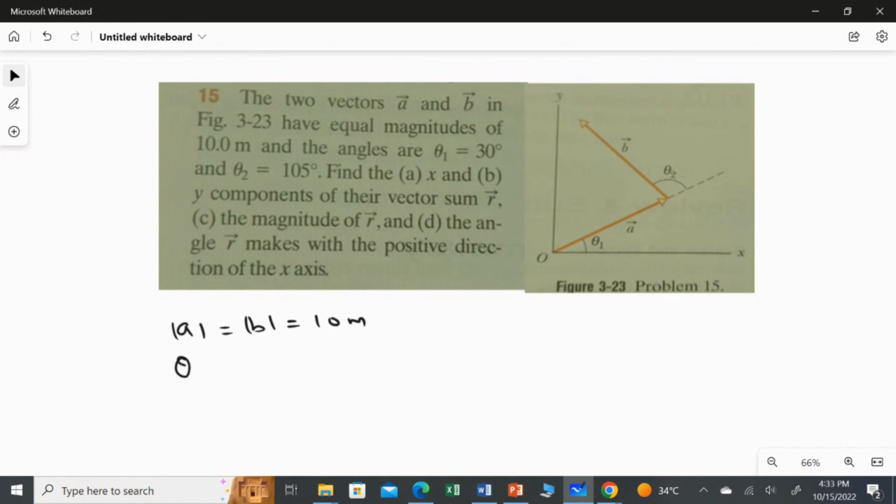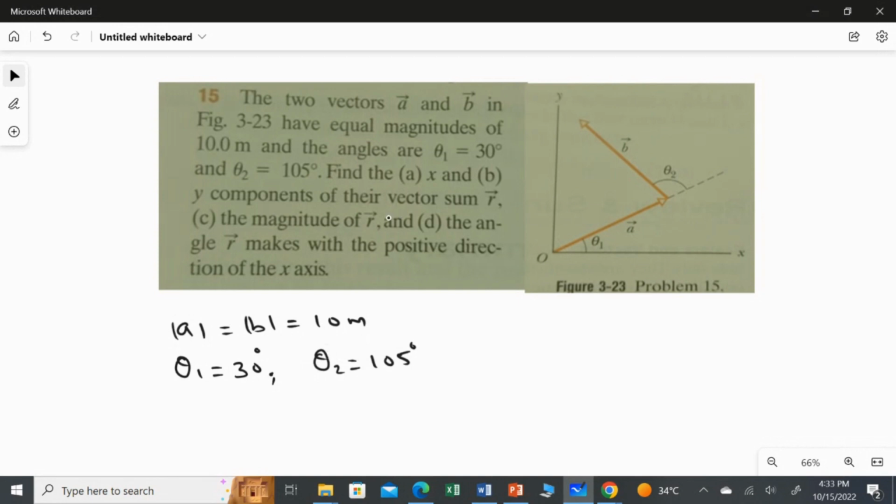And then theta 1 is given as 30 degree, and theta 2 is equal to 105 degree. Find the x and y component of their vector sum R vector, and then you have to find the magnitude of R vector, and then you have to find the angle.